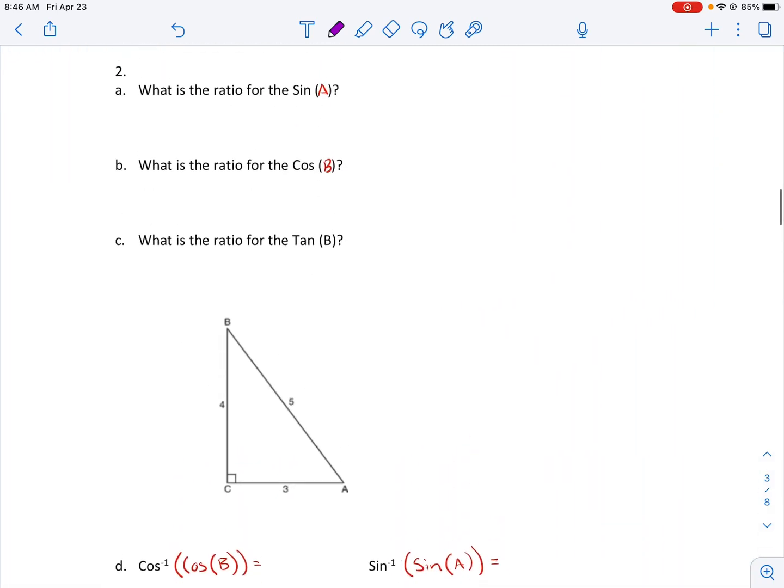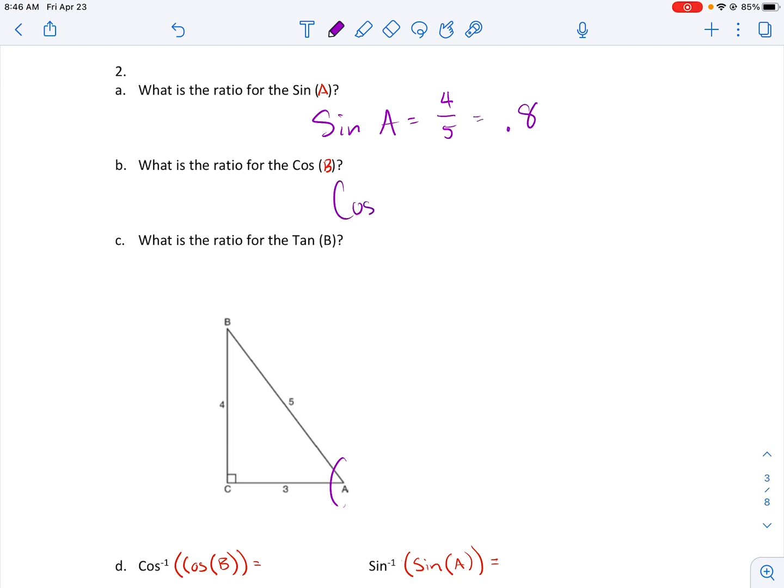Okay? So we do the same thing down for this guy right here. So the sine of A is just going to be 4 over 5. Come on, pen. Don't quit on me now. 4 over 5, okay, which is 0.8.